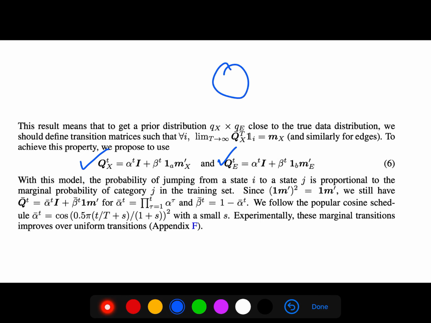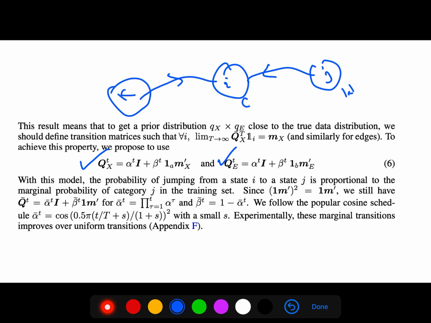If you want to jump from state i to state j, for example, from carbon, it becomes hydrogen, then that is proportional to the marginal of category j. For example, the probability of hydrogen goes to carbon, let's say another state from nitrogen, what is the probability? Then you add them, so it becomes the marginal probability. This is in probability a marginal distribution.